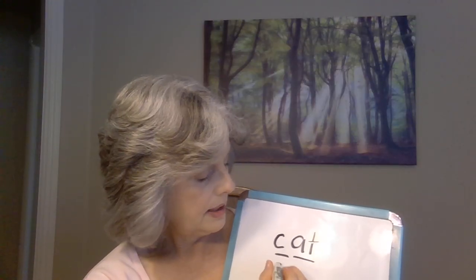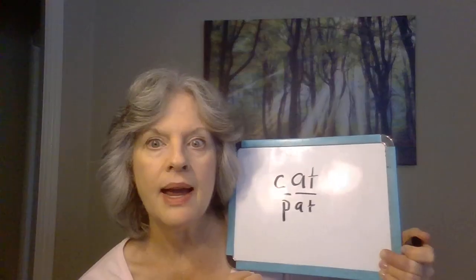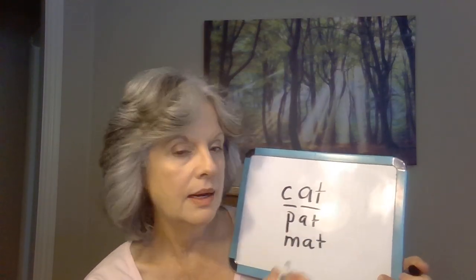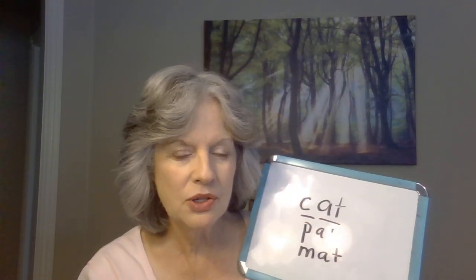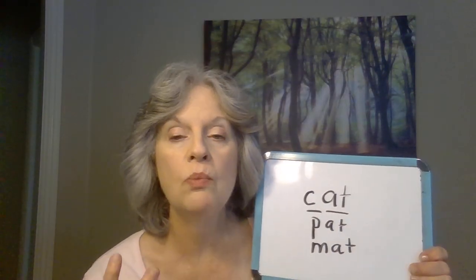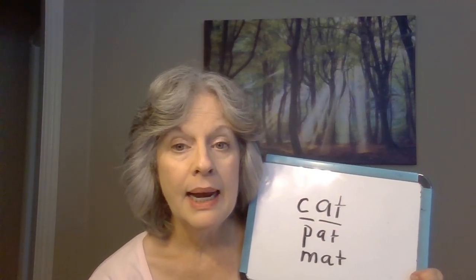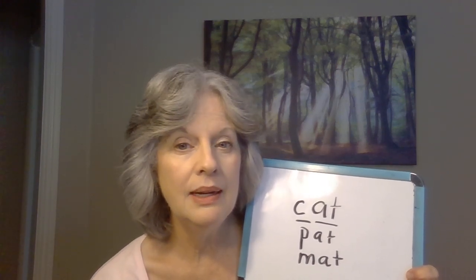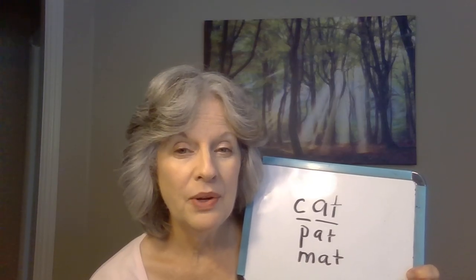If I add a P to it, I've got pat. If I add an M to it, mat. And so that makes reading so much faster and helps them feel so much more accomplished if you teach reading this way with word families. And I have sent a list of word families before to Melody, but I'll send them again if you all don't have that.